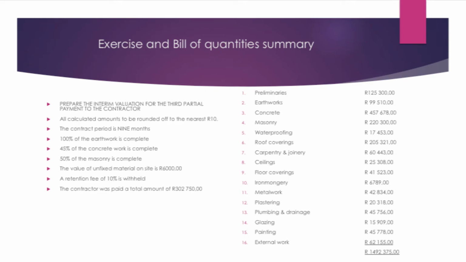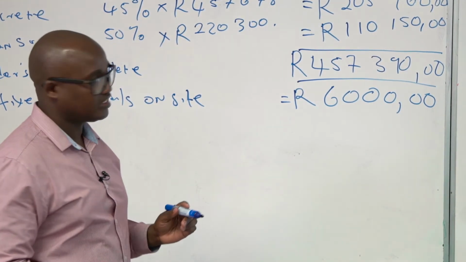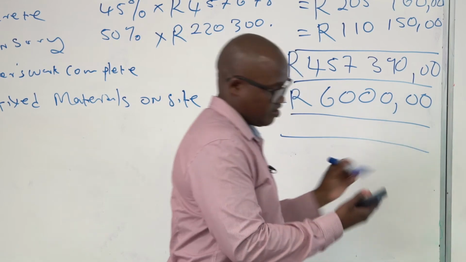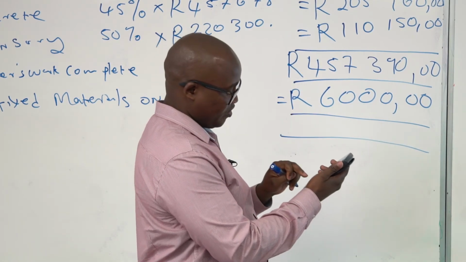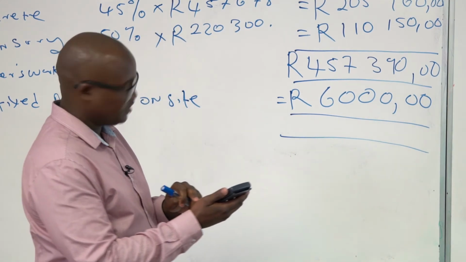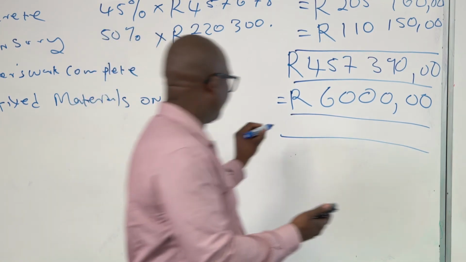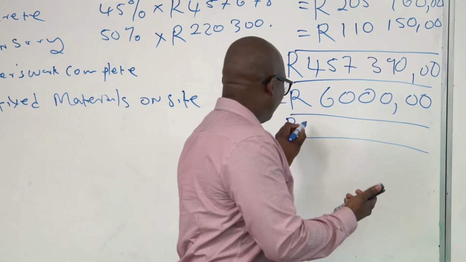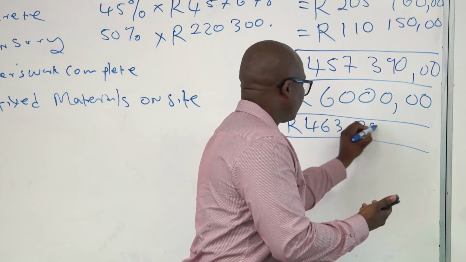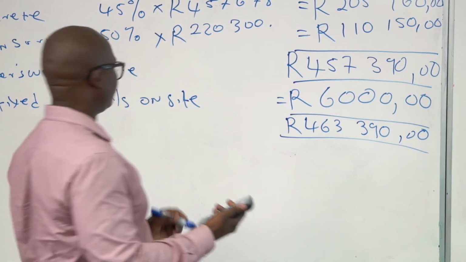We add the unfixed material on site together with the builder's work that is completed, then we will have 457,390 plus 6,000, which gives us the amount of 463,390 rand.